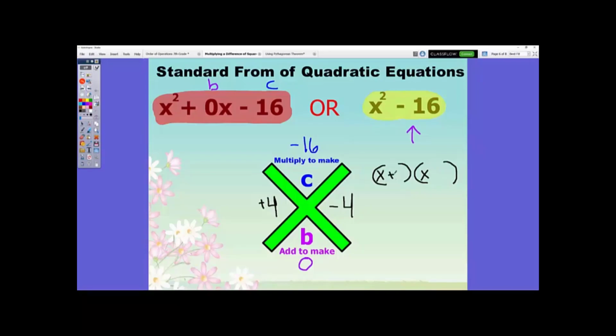We can put plus 4 in the front and minus 4 in the back. It's just like what we've dealt with up to this point: two binomials that are almost identical, but again, the signs of the constants are opposite. And that's what leads to the 0x, or the b term canceling out.